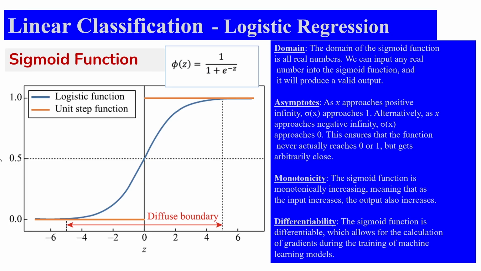You can see there is a diffuse boundary between -5 and +5, beyond which, below -5 it becomes 0 and above +5 it becomes 1. So, this is the logistic function which you can use, and the lines shown in magenta are unit step functions, and this can be used for converting even linear regression data to logistic regression data.